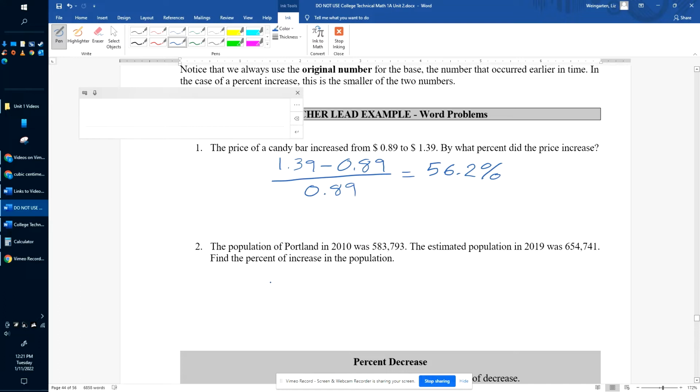Population of Portland in 2010 was 583,793. Estimated population in 2019 was 654,741. Find the percent increase of the population. So we'll take new minus old, and divide it by old.